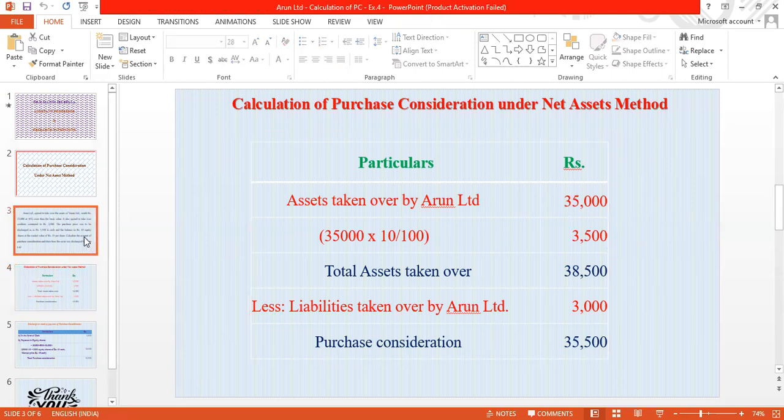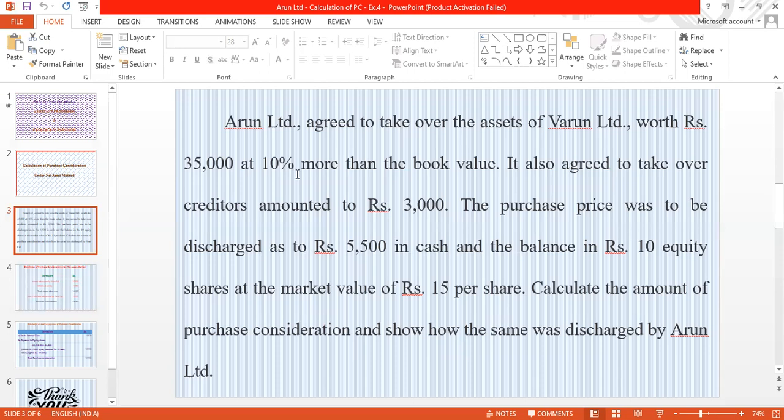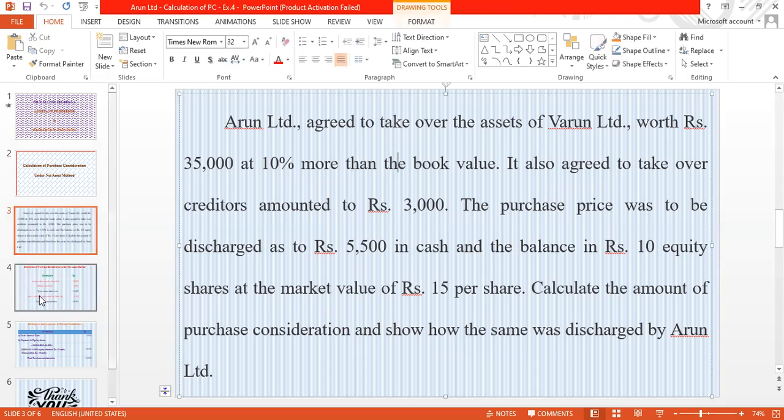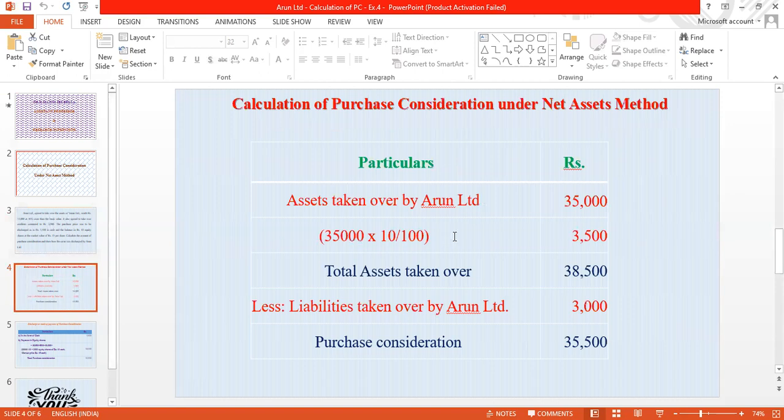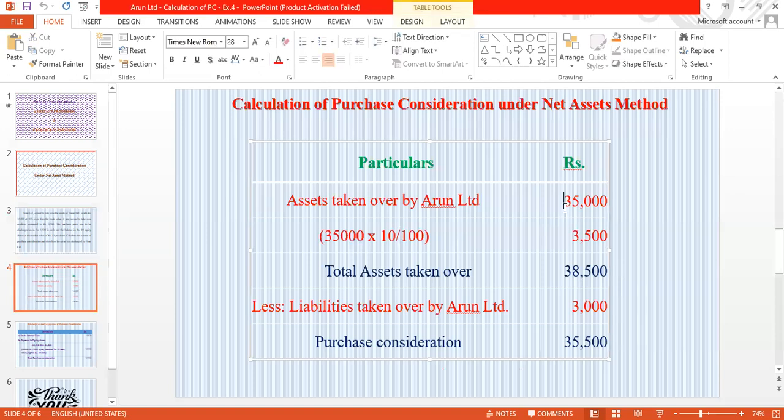Next, go back to the question. That value is 10 percent more than the book value. That means they are taking the assets at 10 percent more than the book value. That means the asset value is 35,000 plus 10 percent. So we do the calculation, 35,000 into 10 by 100.